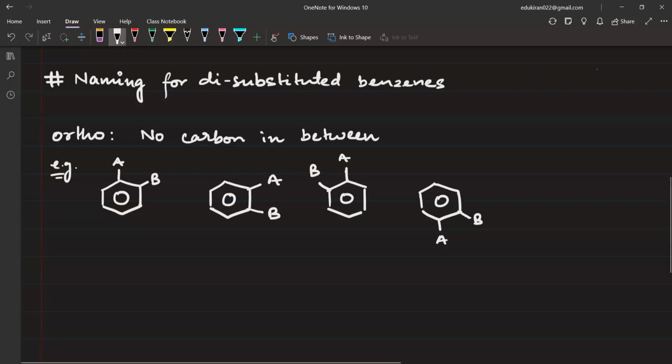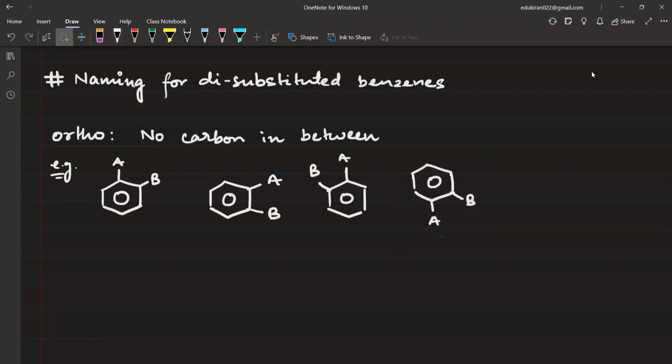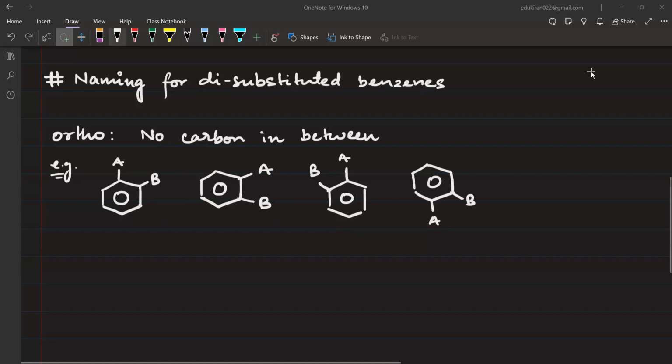This is also ortho. Can all of you see that? Please tell me that the carbons that have substituents have no carbon in between, right? Is the concept of ortho clear? Yes or no? Please tell me. What about others? Madiha? Yes, sir. Rabia? Clear now?